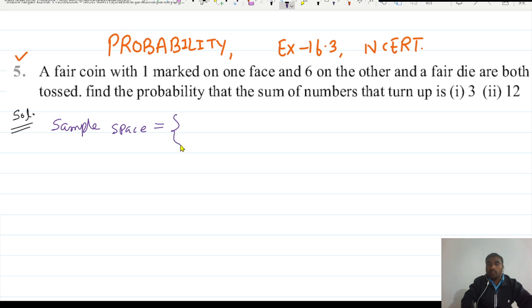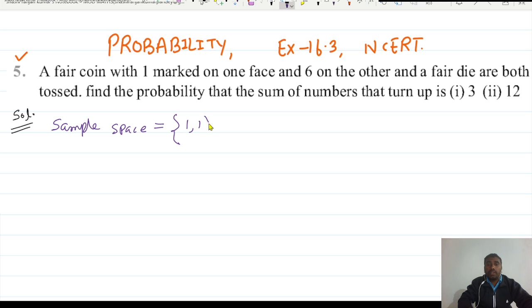Let us suppose first you have tossed the coin. So the coin shows either 1 or 6. Generally on a coin, head and tail are represented, but we have made a special coin on which one side we have written 1 and the other side 6. So let us first count that the coin shows 1 and the die may show 1, 2, 3, 4, 5, 6.